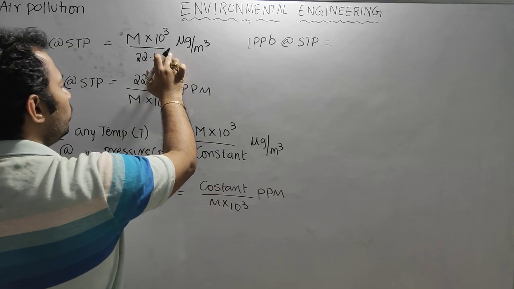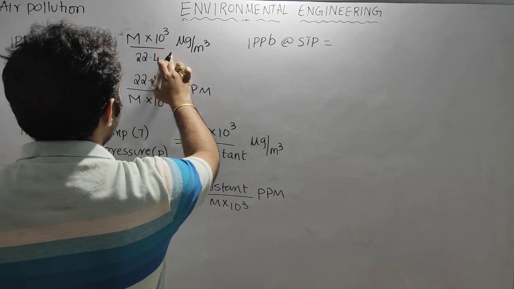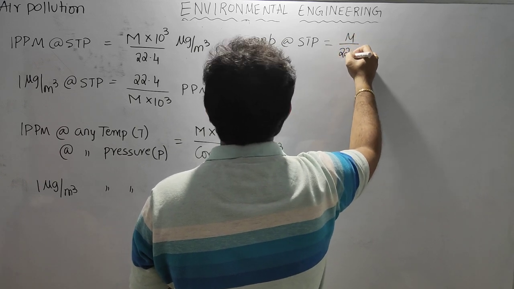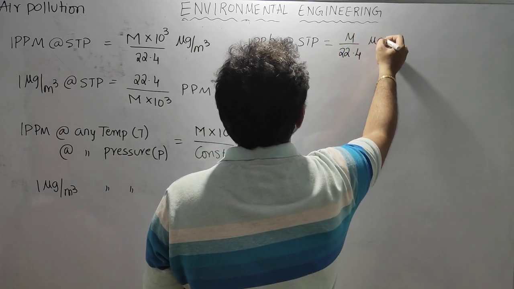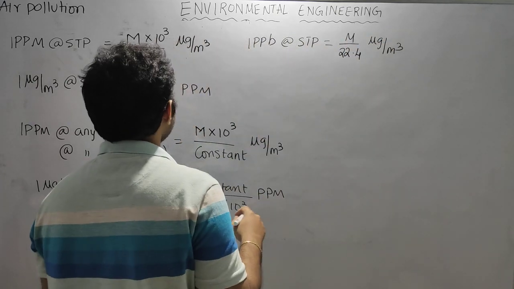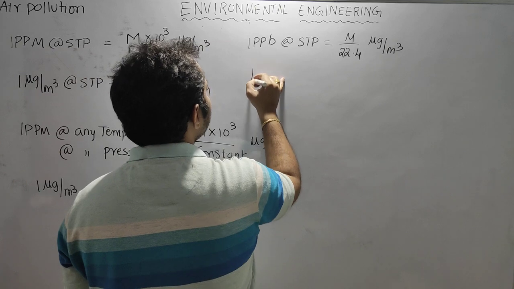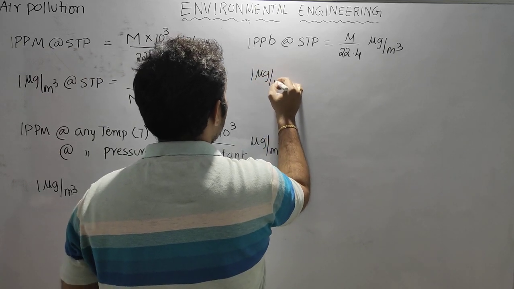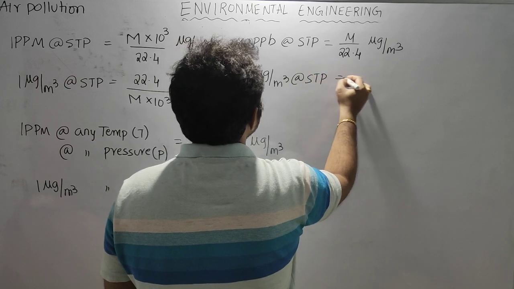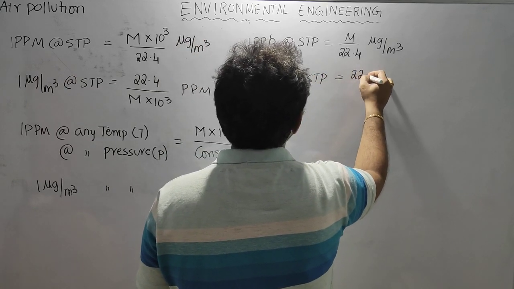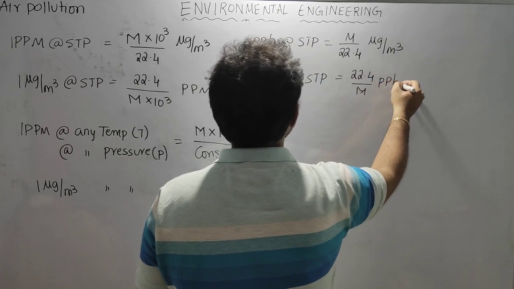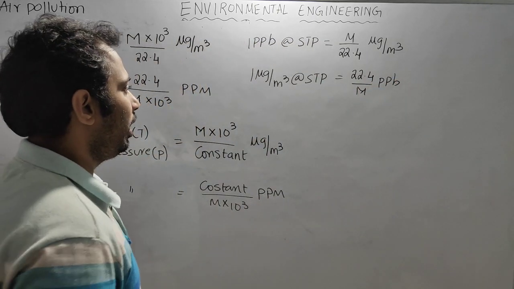So here also I will divide by 1000, then it will become m by 22.4, this is 1 ppb at standard temperature and pressure. Similarly, 1 microgram per meter cube at STP is equal to 22.4 by m ppb.